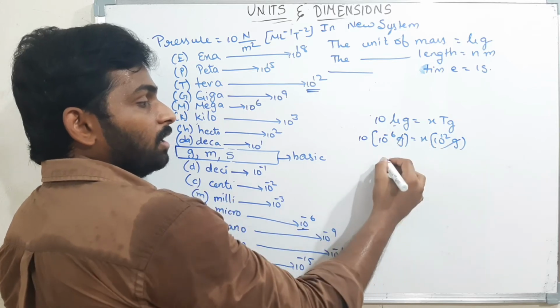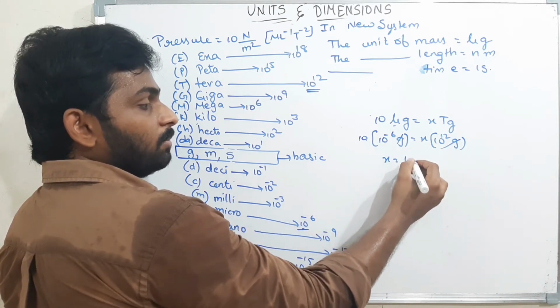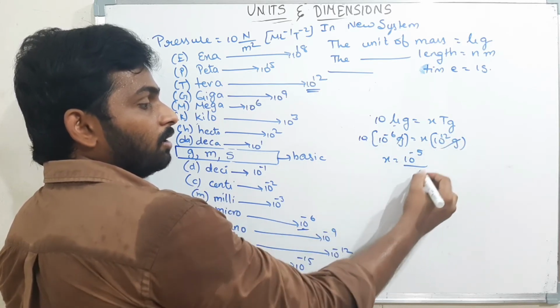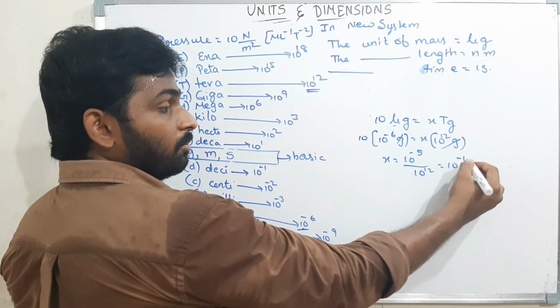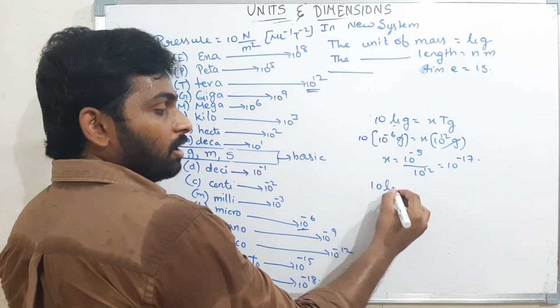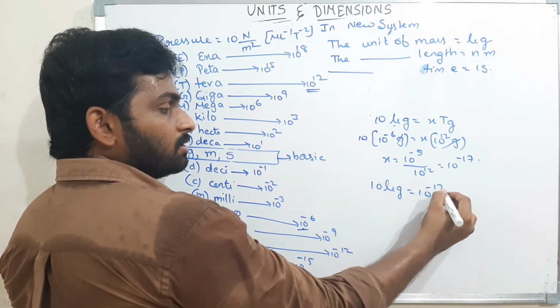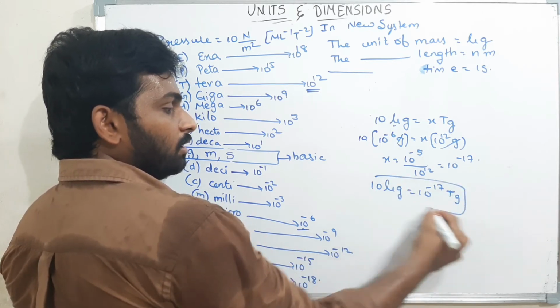Therefore x is 10 into 10 power minus 6, that is 10 power minus 5, divided by 10 power 12. So 10 power minus 5 minus 12 is 10 power minus 17. So 10 micrograms is equal to 10 power minus 17 teragrams.